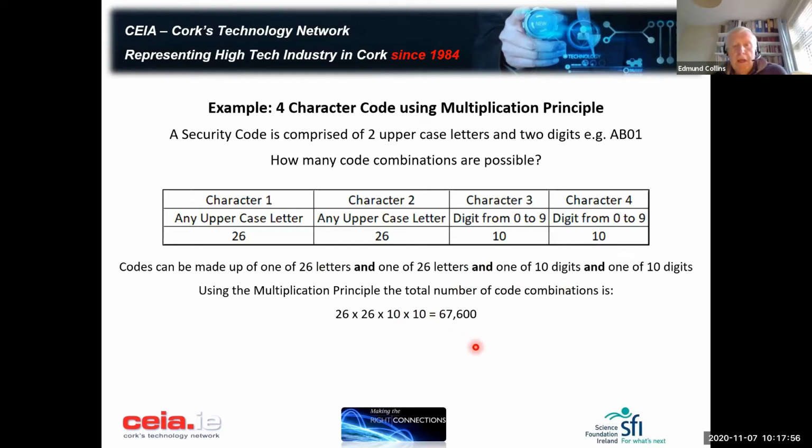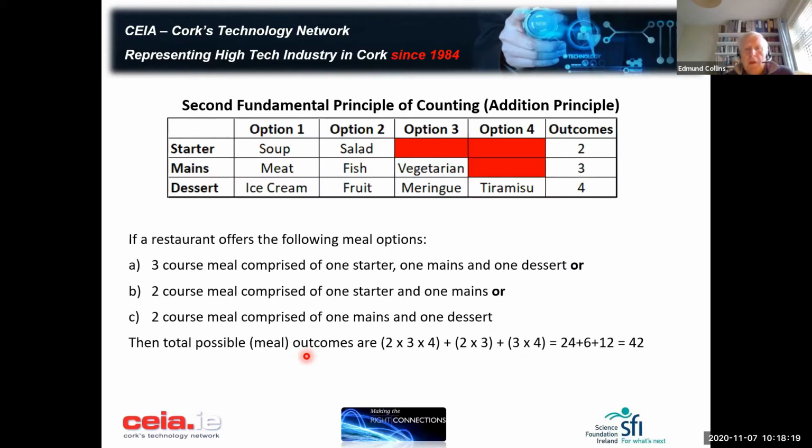And you see in the case of this relatively simple code, it ends up being 67,600 different combinations of code. So you can see how numbers grow very quickly when you're using the multiplication principle. So that's the first principle covered.